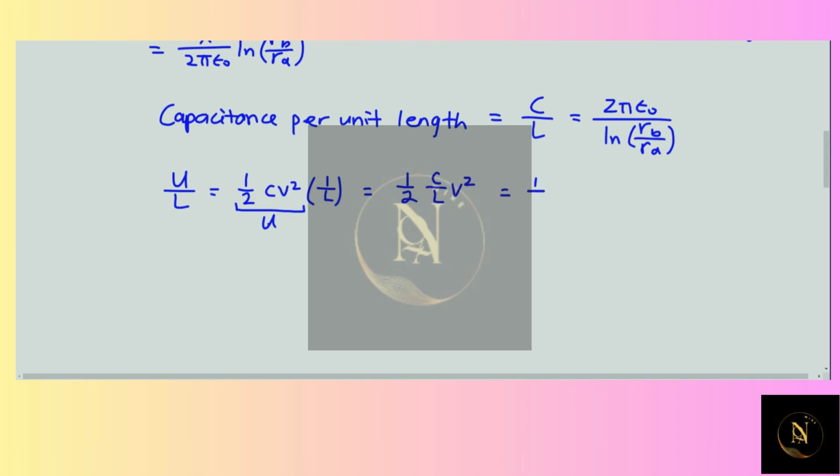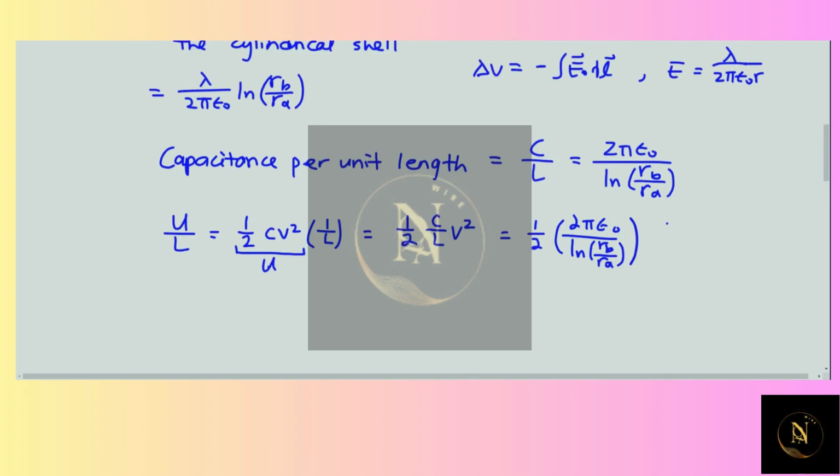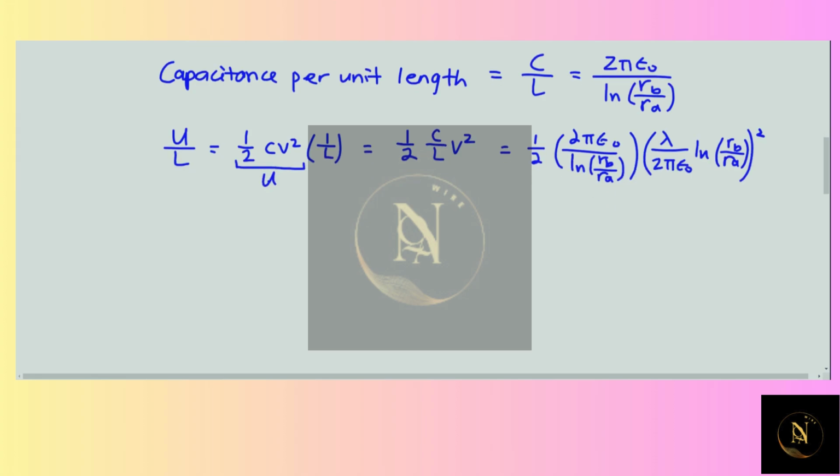You can put in all the expressions: V is lambda over 2 pi epsilon naught natural log RB divided by RA, and this thing squared.